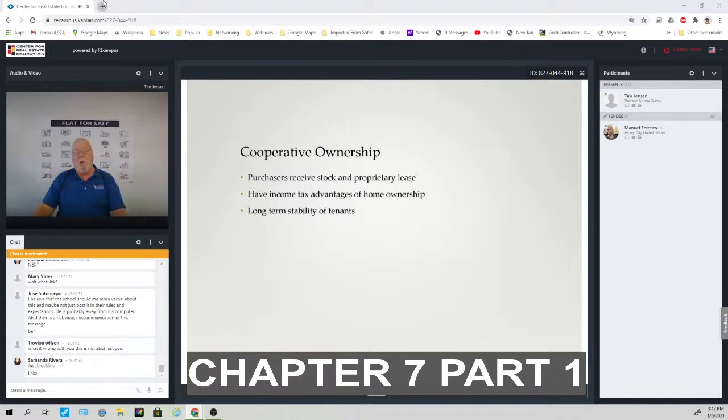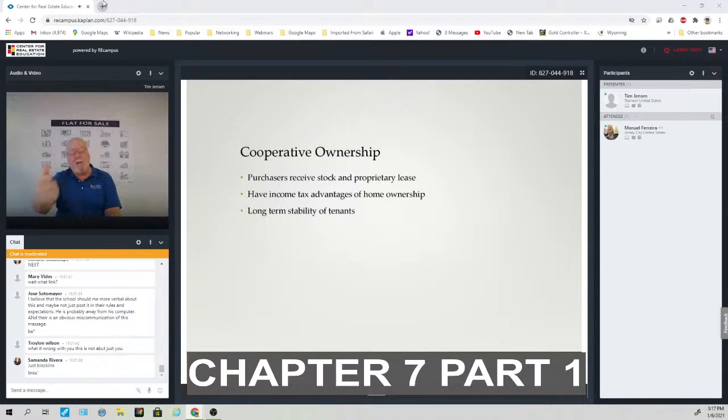Then there are cooperatives, co-ops. Now, a lot of people don't have a very clear understanding of what a co-op is. First of all, you are not buying real estate when you buy a cooperative. What you're buying is shares or stock in a corporate interest. The building is a corporation.